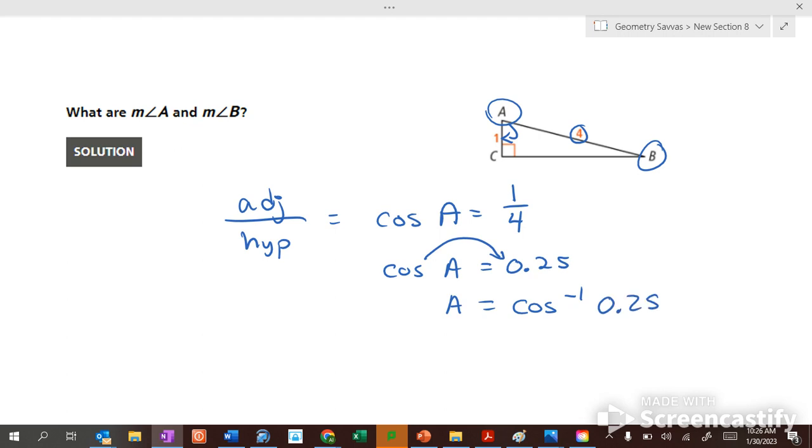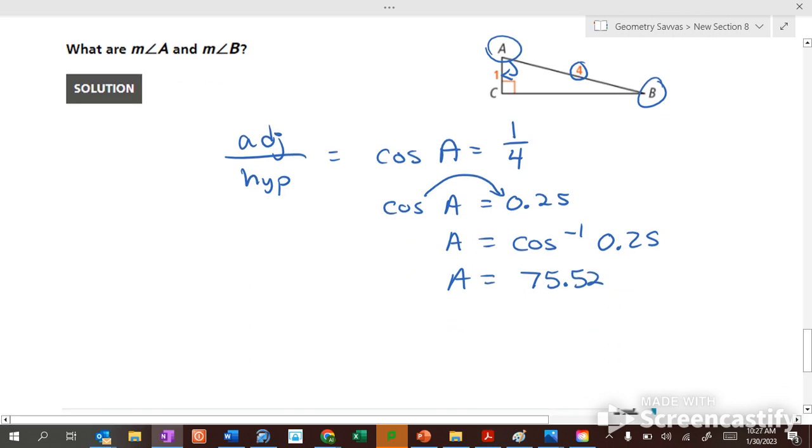So on your calculator, you're going to push second cosine and 0.25 to figure out what A is. And what do we get? 75.52. Now to find B, it's the opposite over the hypotenuse.